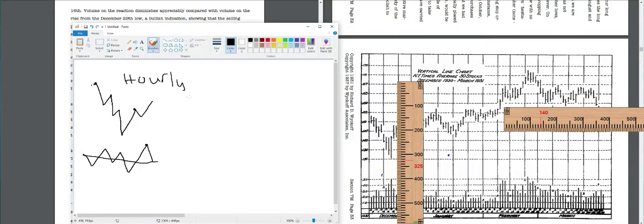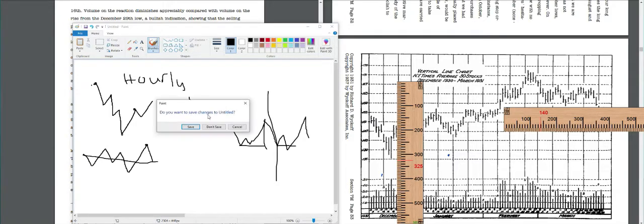So it might look like this, or like that. It's a higher low or lower low, and then you have that buying pressure come in that goes up. Anyway, that's how it's going to look on an intraday basis.